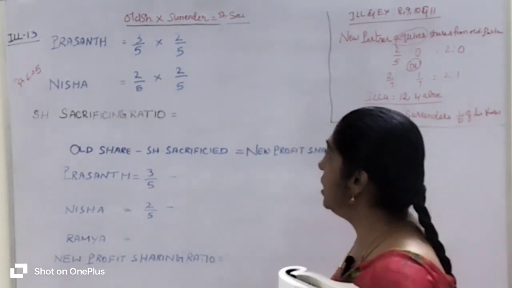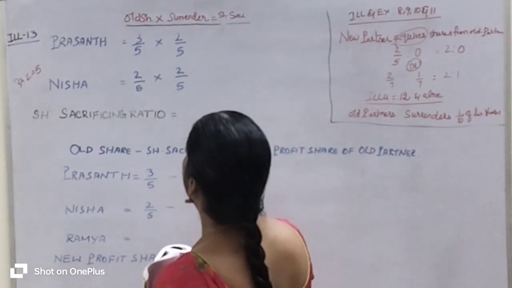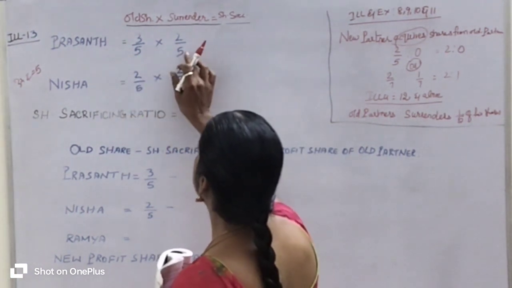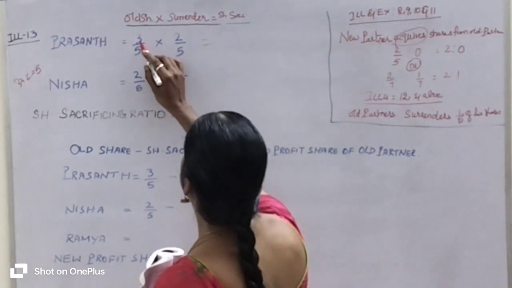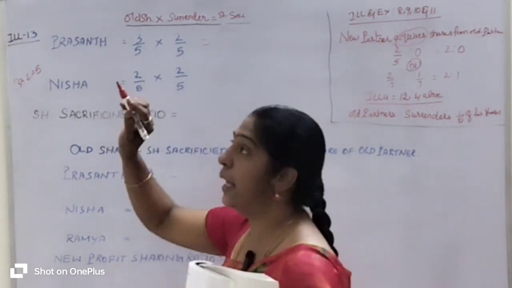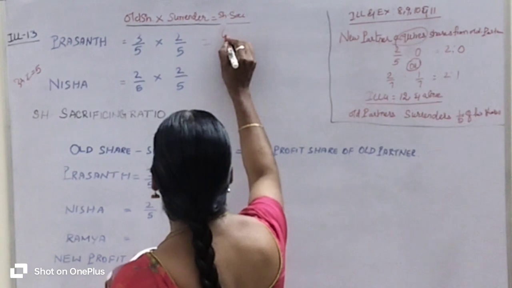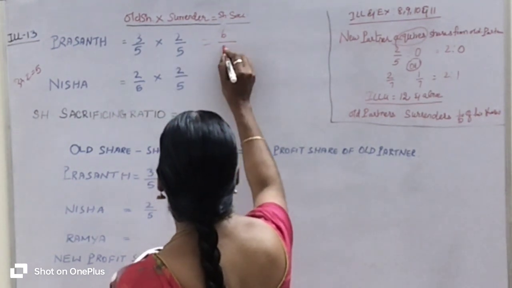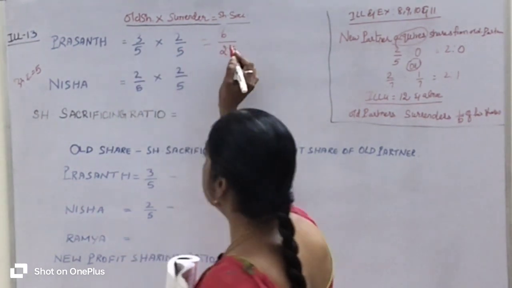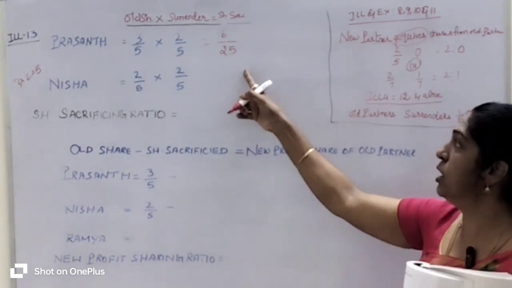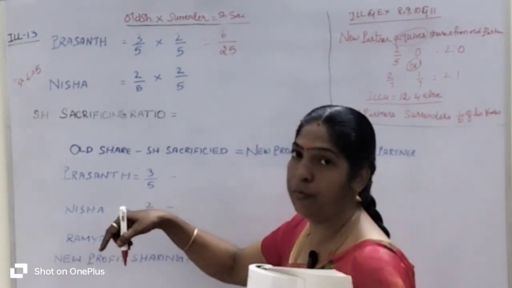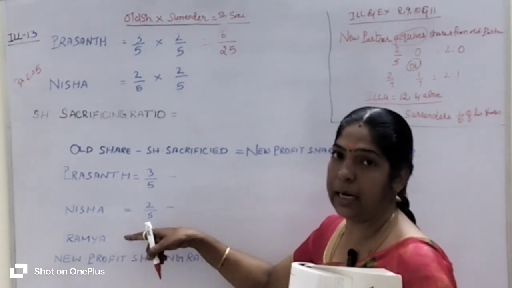So in this way we are going to multiply Prashant's old share into surrender share, directly. 3 2s are 6, 5 5s are 25. So Prashant's share sacrificing ratio is 6/25 in favor of new partner Ramya.